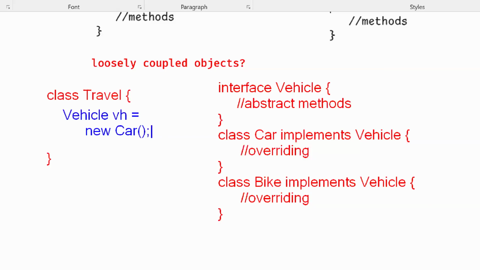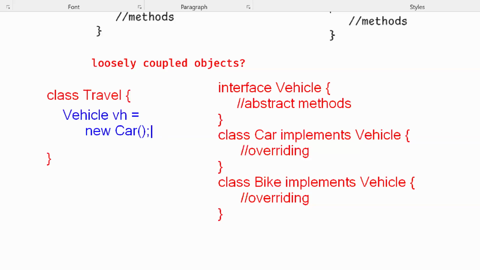Currently, once again I'm asking, who is the dependent object? Travel. Who is its dependency object? Car. My question is, suppose the travel object, which is the dependent object, wants to change its dependency object to bike, not from car object to bike object. Then tell me, are code changes required or not required in the travel?